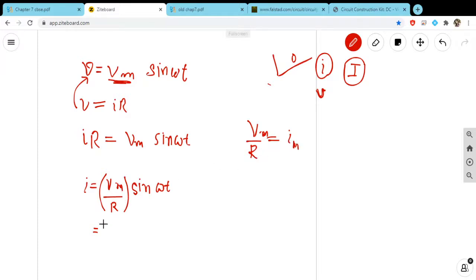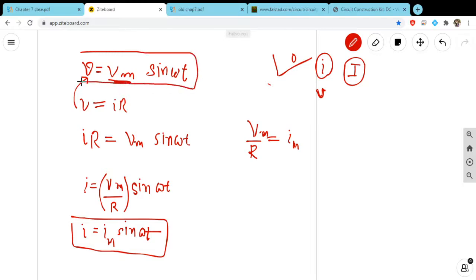So this part says it is maximum current. So it is Im sine omega t. So this is the expression for the current, and this is the expression for the voltage.